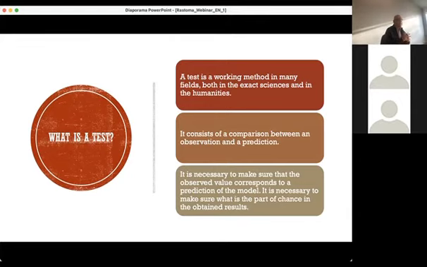And then it is necessary to know if chance by itself could have produced something. If it is not chance, it is what you have done that has given this result.